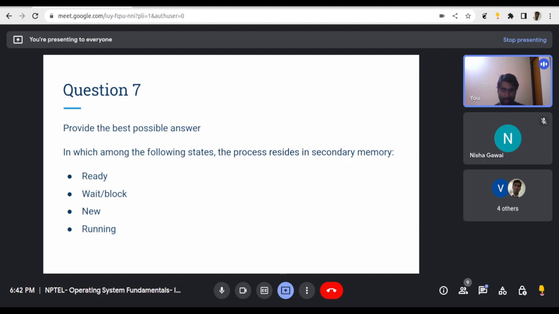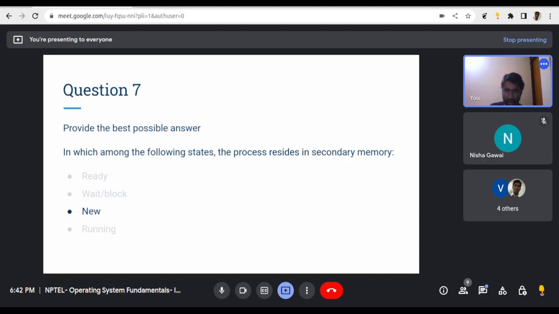As I said in the previous slide also, the new state is the state where the process actually resides in the secondary memory, not the RAM, not the primary memory. You may argue that then this is not an active process, as it is not residing in the primary memory. This is where the ambiguity lies.